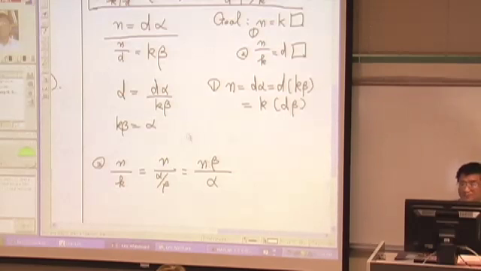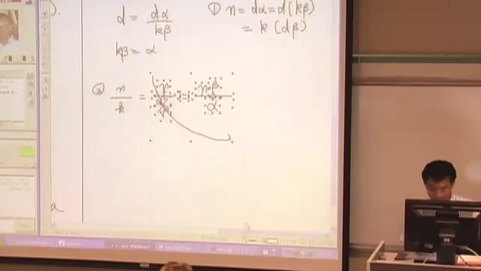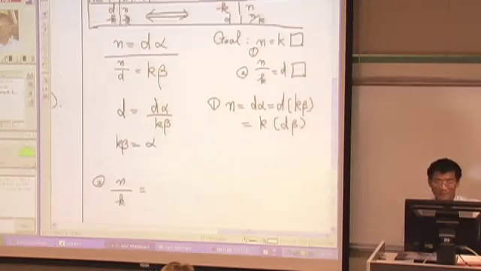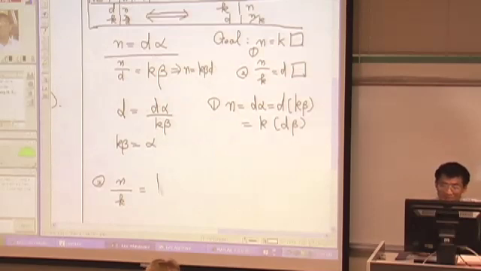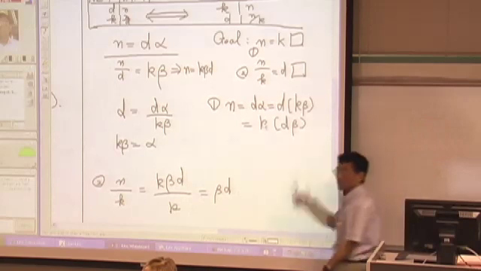Sorry for the confusion, there is an easier way. Just use the second line. If we use this fact, then N equals K beta D. So N equals K beta D, and then divide by K. It's not that strange, right? We get beta D. Did I prove it? I proved it.